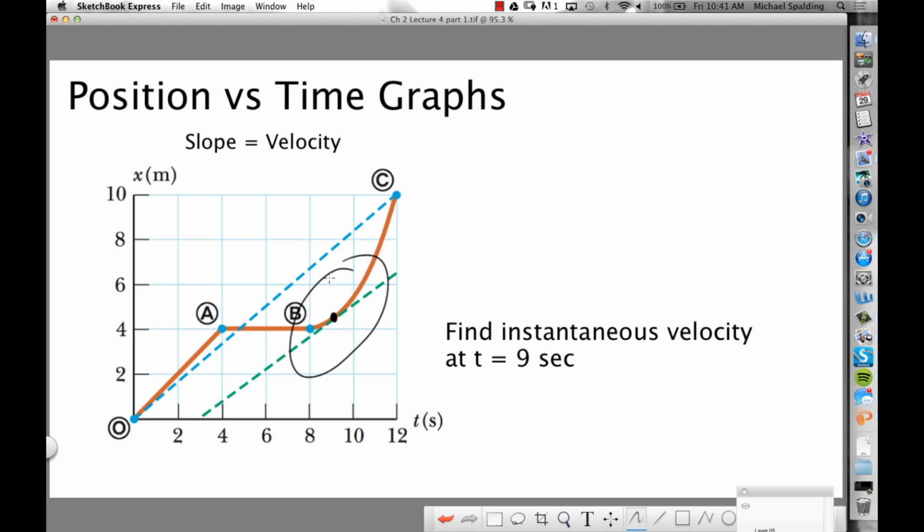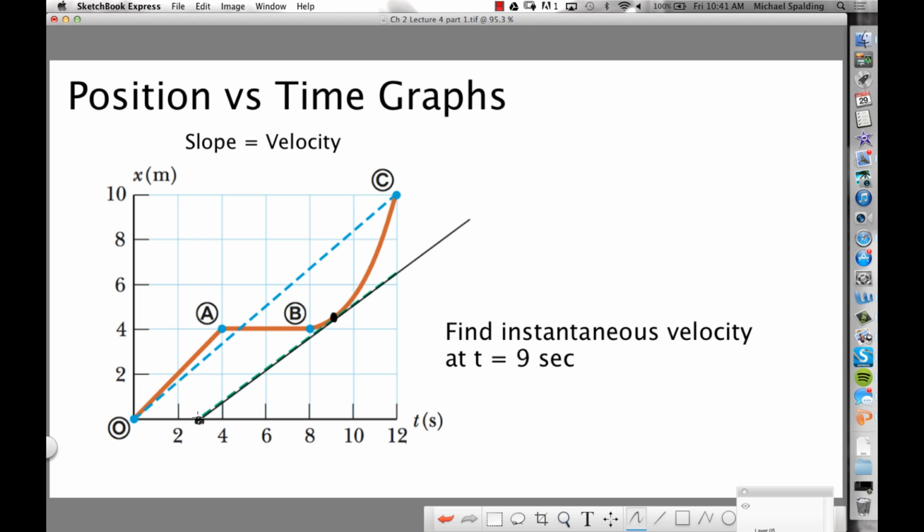So here's the non-calculus way of doing it. If you want the velocity at this point, what you do is you draw a tangent line, which is already done for us, right? Would everybody agree that this line right here is tangent to the graph at t equals 9? You draw a tangent line at t equals 9, and then take the slope of that tangent line.